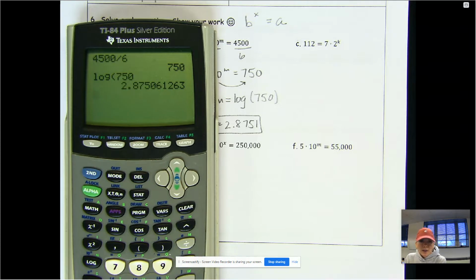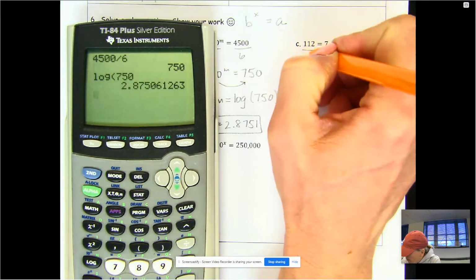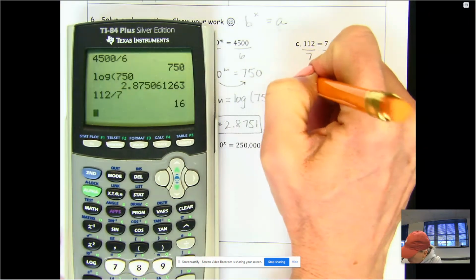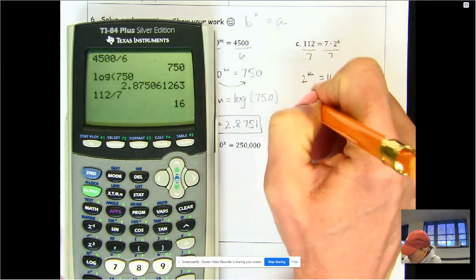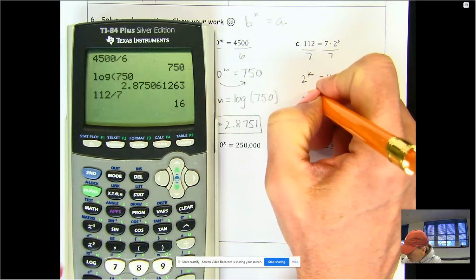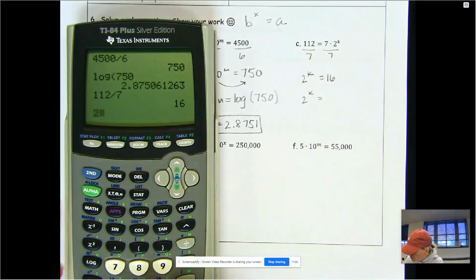All right, next one, 112 equals 7 times 2 to the k. So we're going to divide by 7. 112 divided by 7 is 16. So what I know now is 2 to the k is equal to 16. 16 is a power of 2, so I'm not going to use a logarithm. 16 is exactly 2 to the 4th, right? 2 to the 4th is 16.